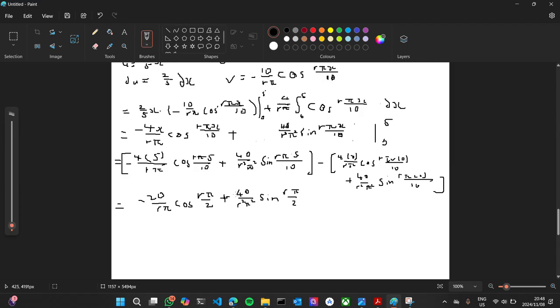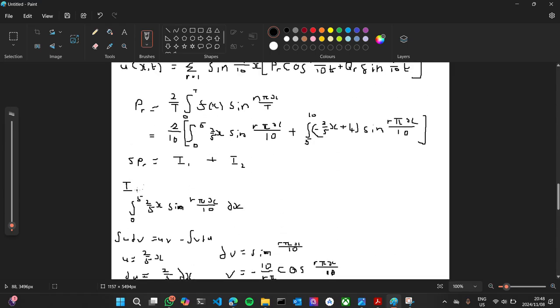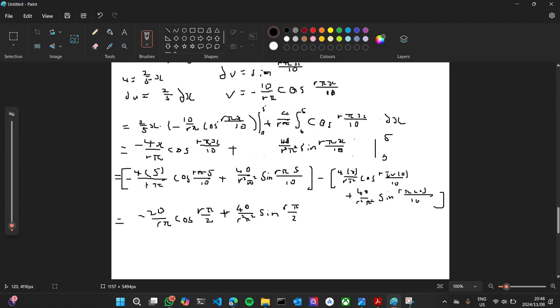Yay! We have now solved the first integral. Now we have to do the second one.